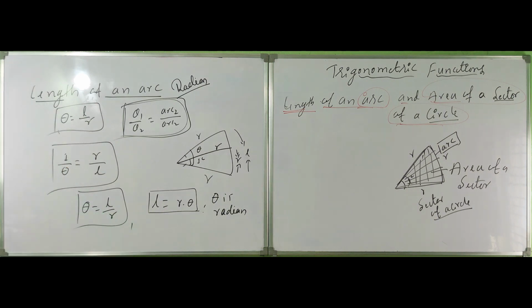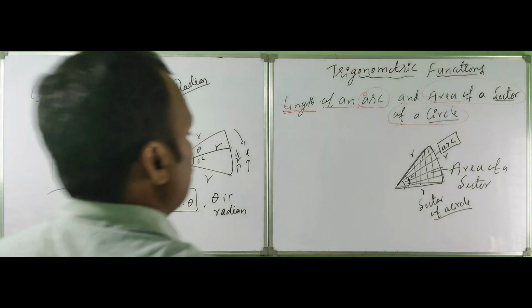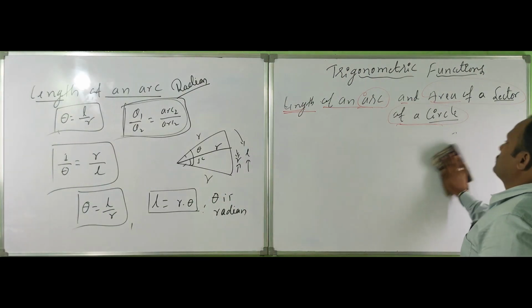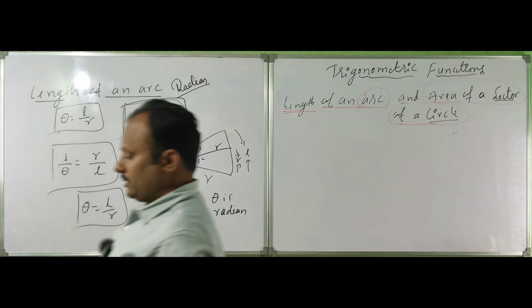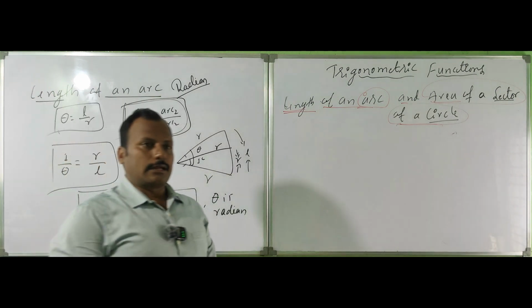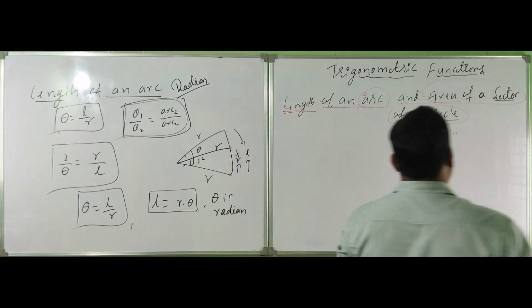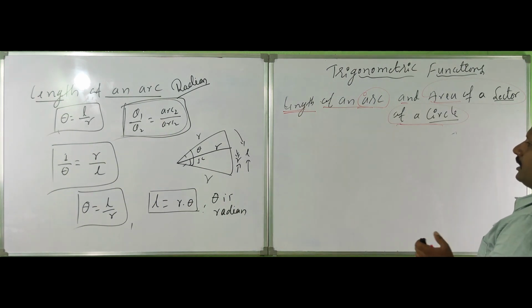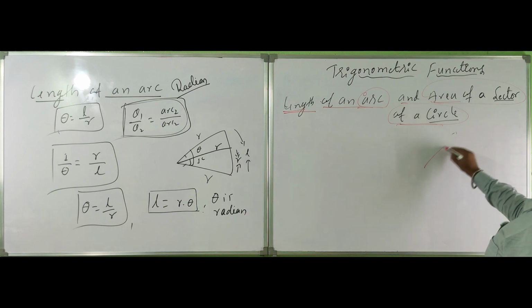Area of the sector is the same formula. The angles and their areas are in ratios. This is 1 radian.